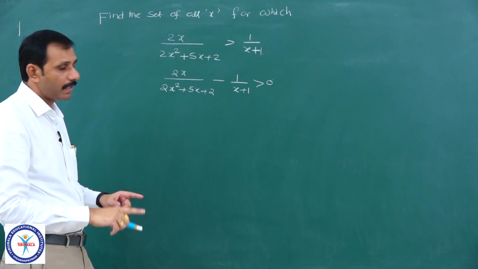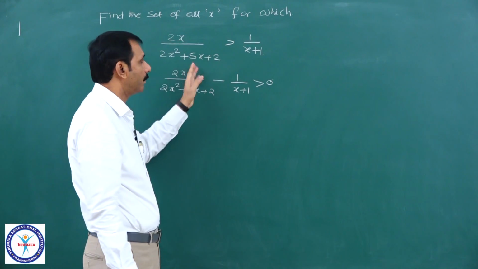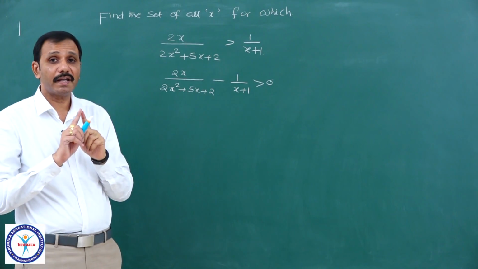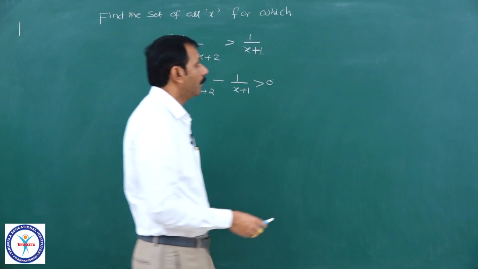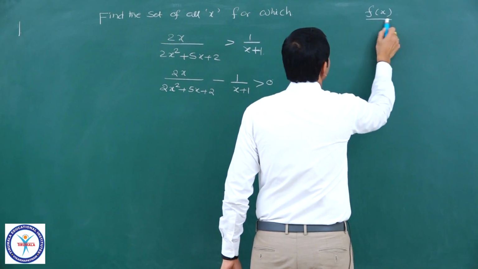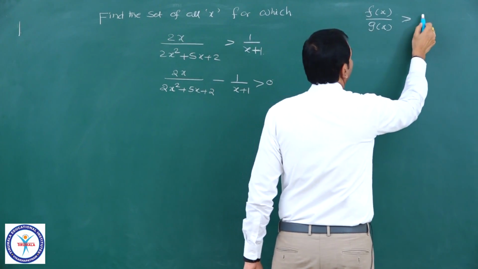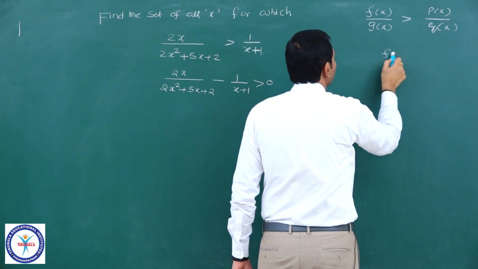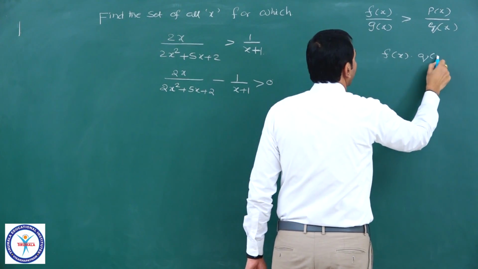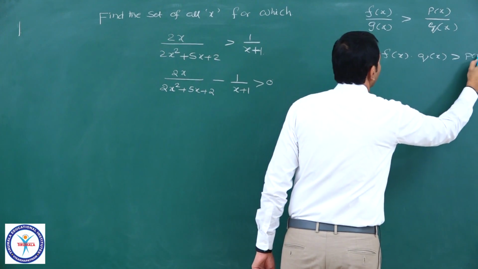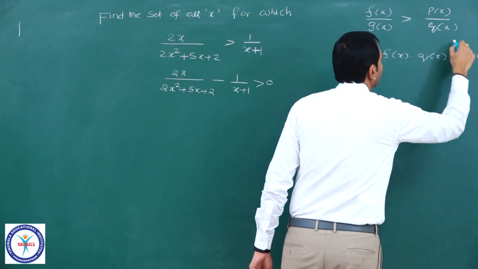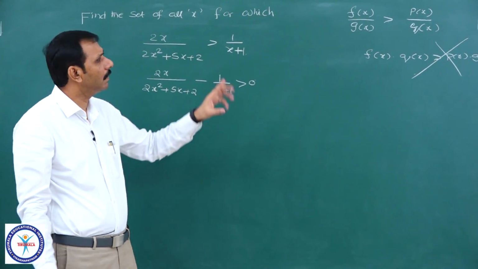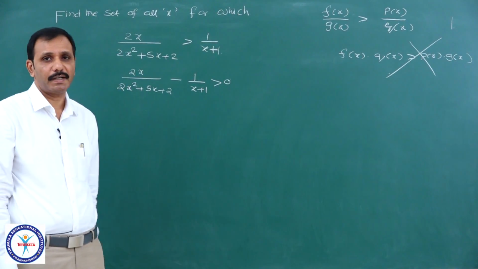Whenever your inequality is of the form f of x by g of x greater than some p of x by q of x, do not cross multiply. Do not write f of x into q of x is greater than p of x into g of x; it is wrong. You can write it only when you know the signs of the denominators or numerators.